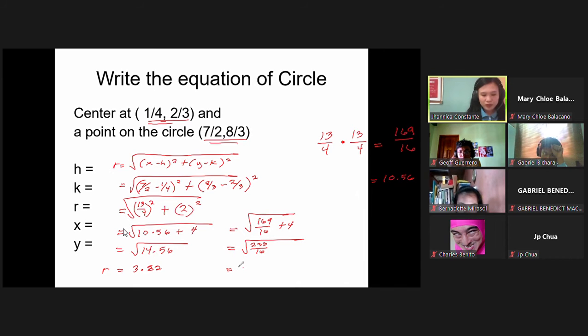So the square root of 233 over 16 is 3.82.